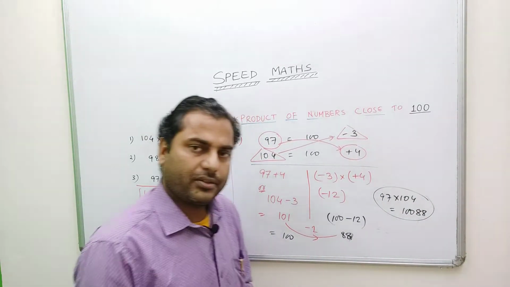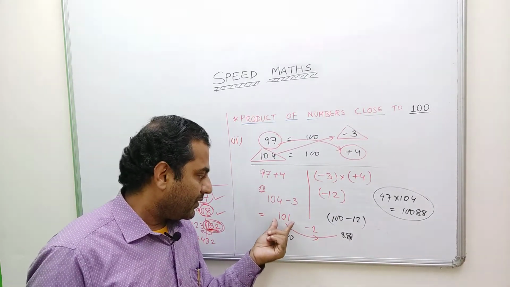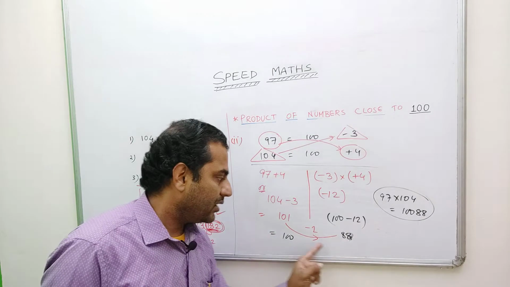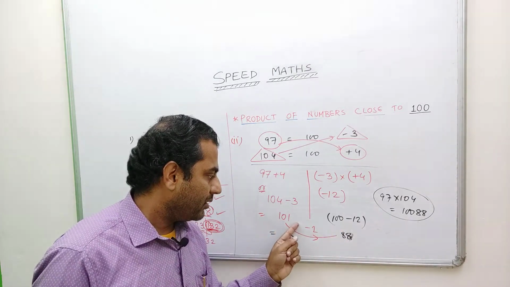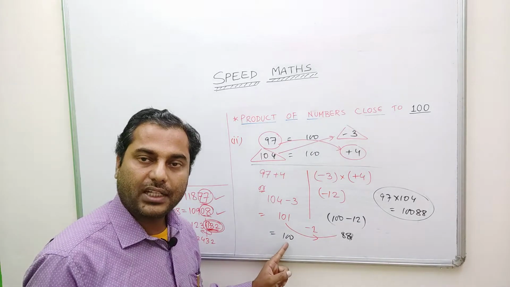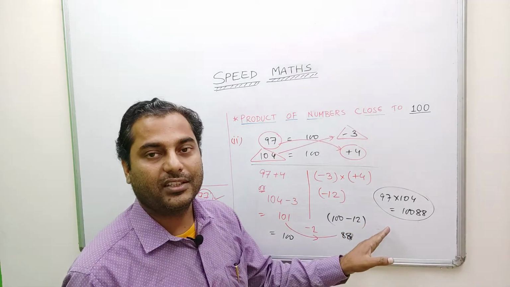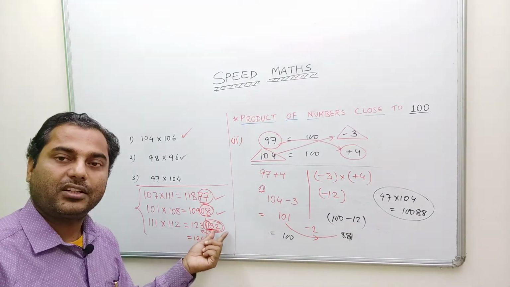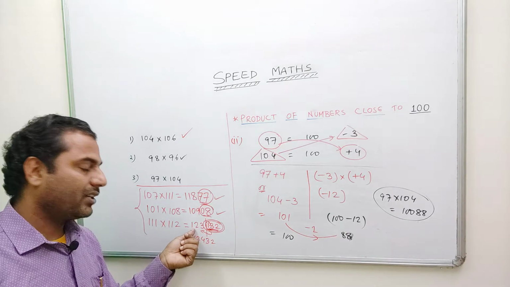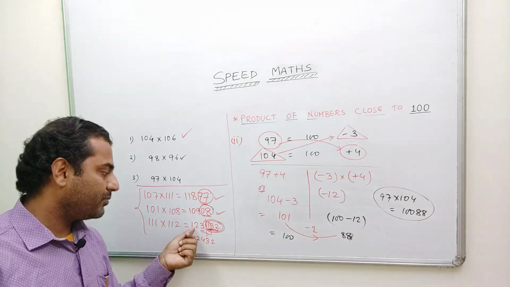I repeat this part. Since this minus 12 was less than 0, whatever is the result on the left, I will borrow 1 from this side. So 101 minus 1 will become 100 on the left hand side, and this 1 from the left hand side is equivalent to 100 on the right hand side. Look at this again, 132 on the right hand side was shifted, just as this 1 was.